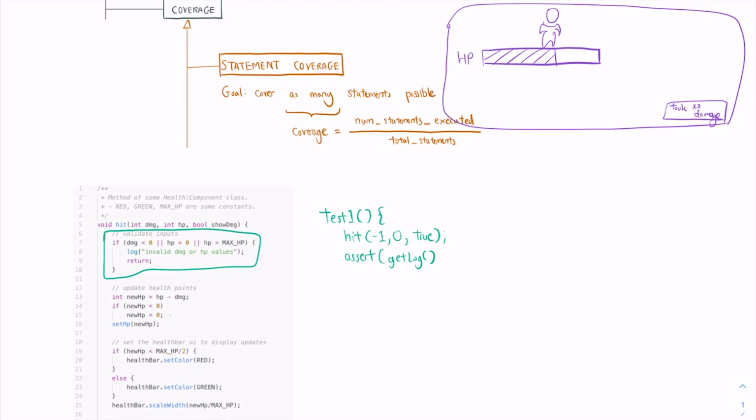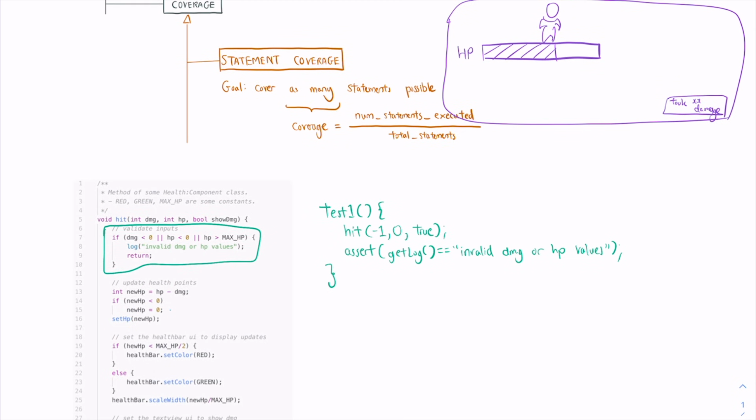So we check that it equals what we expect, which is "invalid DMG or HP values". If this assertion passes, then we would know that this test case has passed.